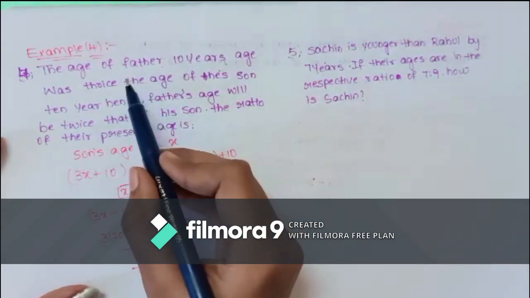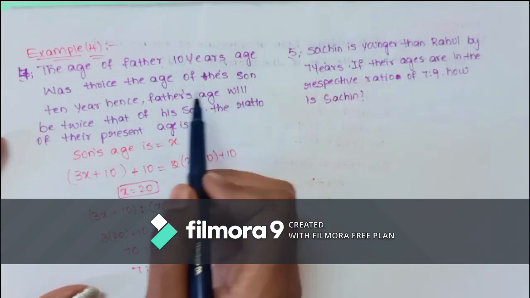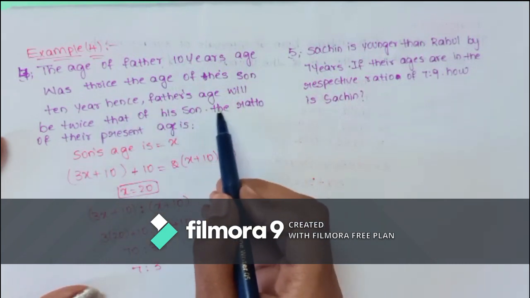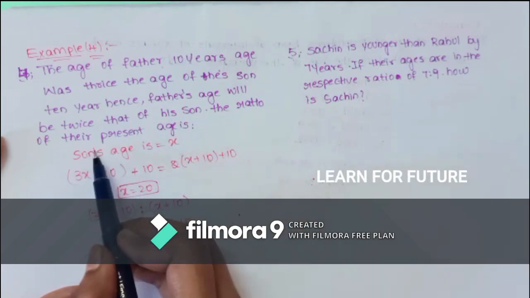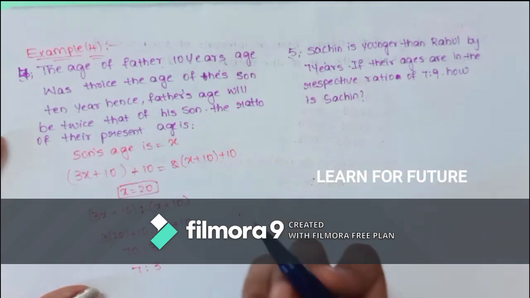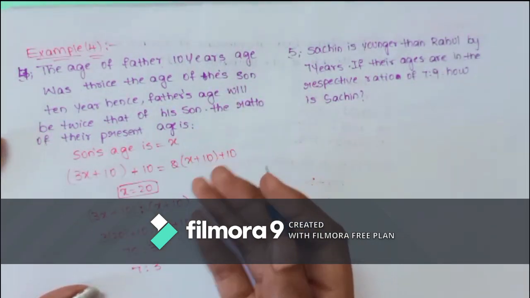Example 4. The age of father 10 years ago was thrice the age of his son. 10 years hence, father age will be twice that of his son. The ratio of the present age is. Here, son's age is x because they did not give the age of the son.